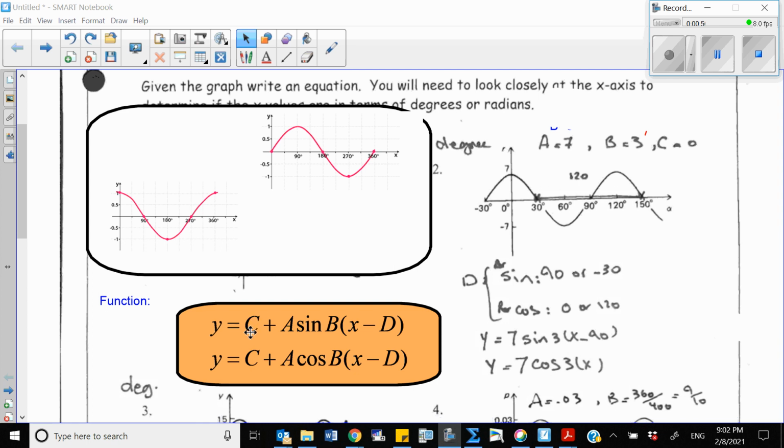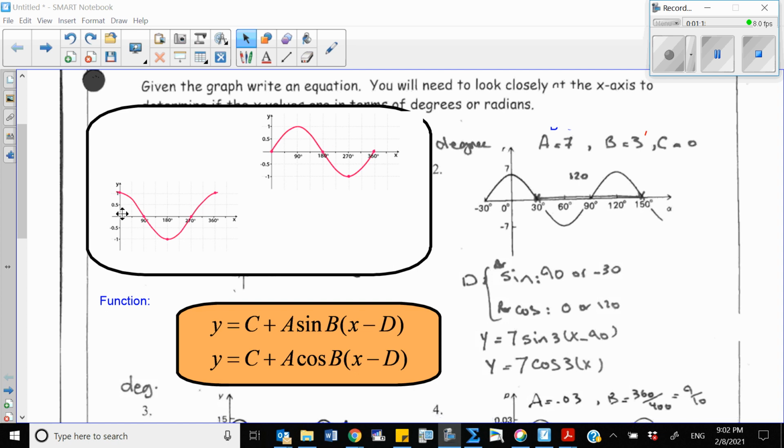C value is basically the sinusoidal axis of your graph. On a parent function of sine or cosine, sinusoidal axis is the horizontal middle line of the graph. So in this case, y equal to 0 or the x-axis basically is the sinusoidal axis of your function. It divides your function into two halves.